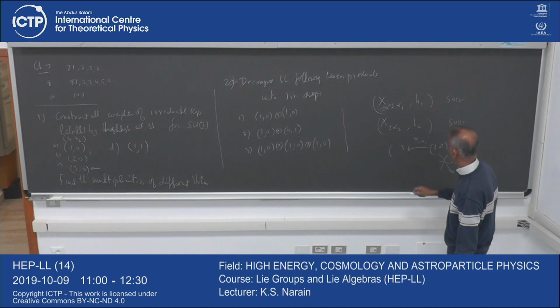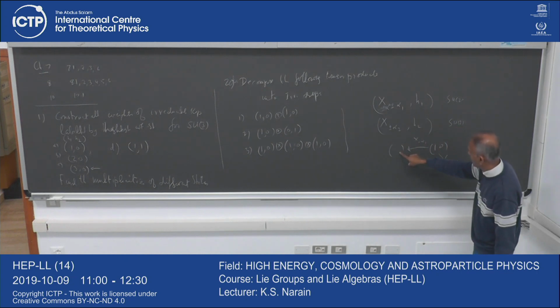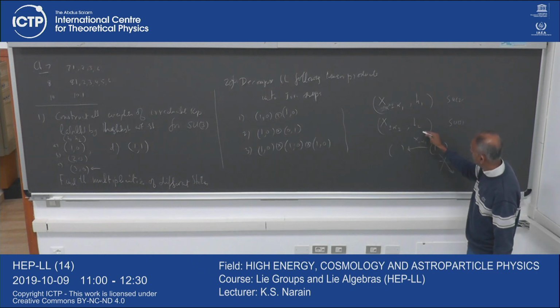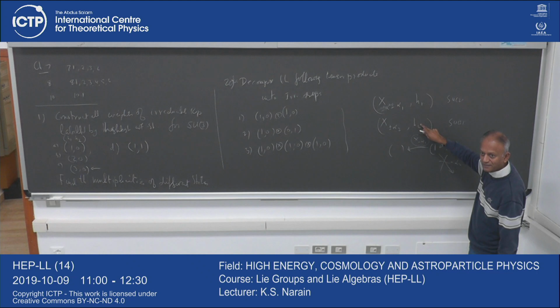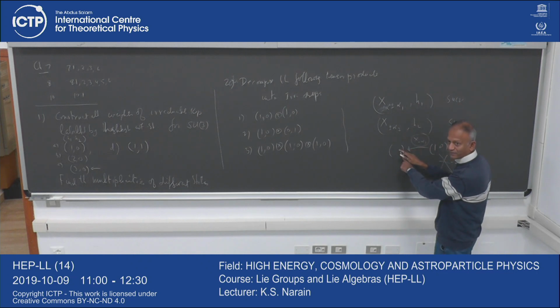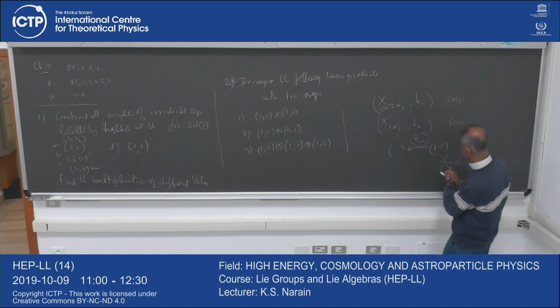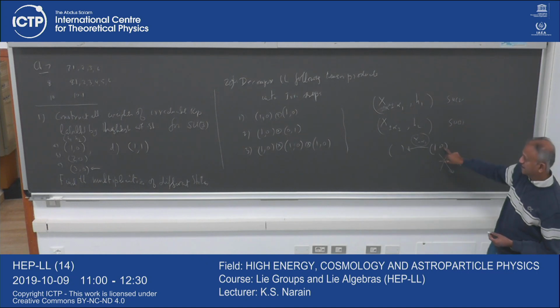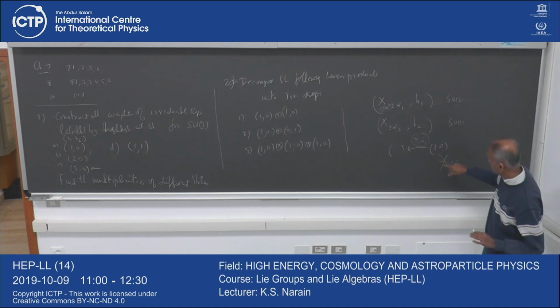You'll get something, and this can act, because X alpha 1 carries an eigenvalue with respect to H2 also. So this state will have a non-zero H2. In that case, of course, you can apply X minus alpha 2 also, but not in the first step. The first step, this is spin 0, so this will annihilate it.